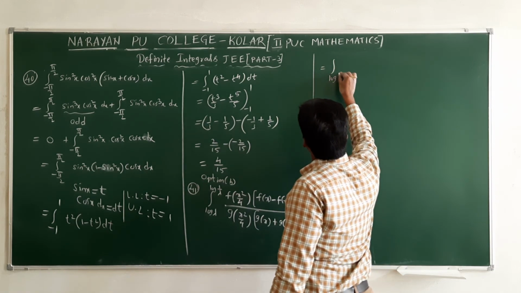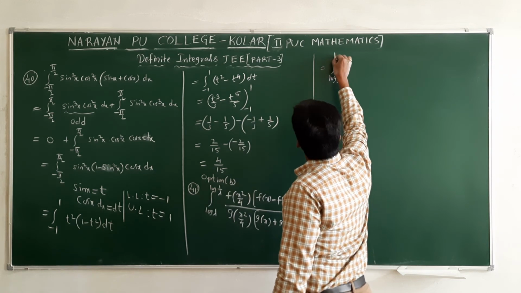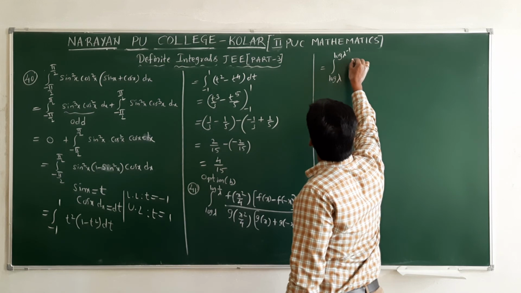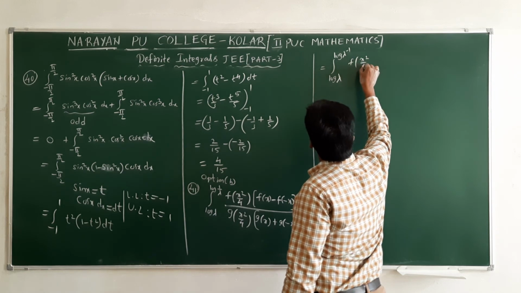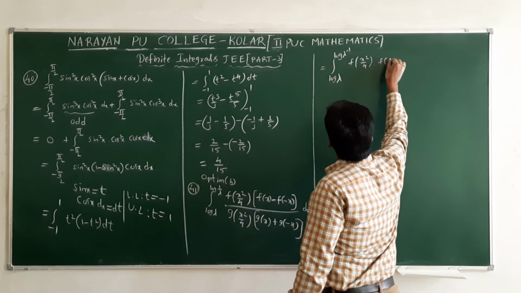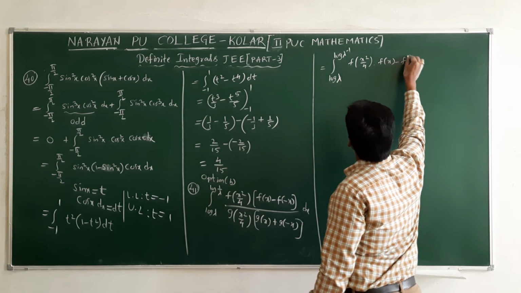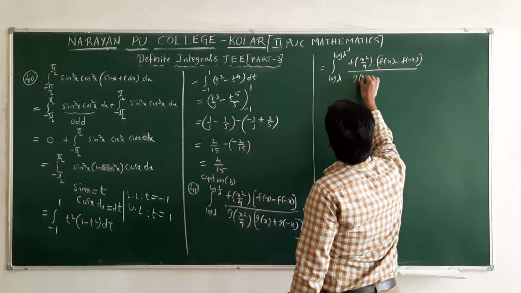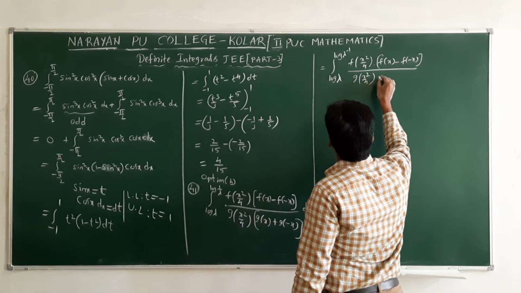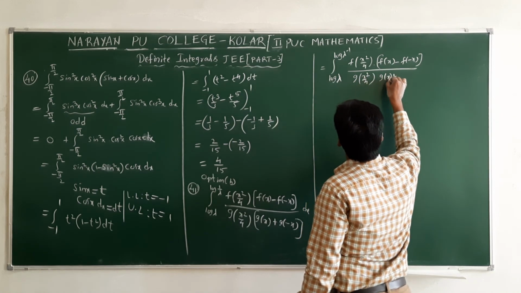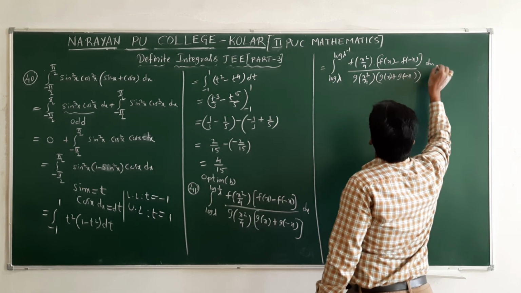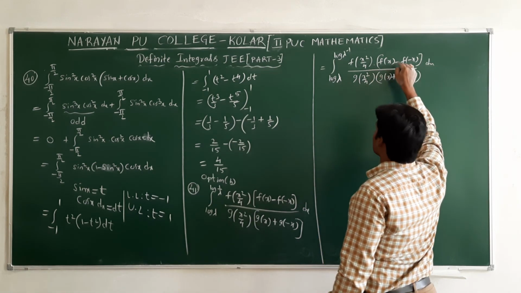Integral from log lambda to log 1 by lambda, I can write 1 by lambda as lambda power minus 1. This function remains the same: f of x minus f of minus x by g of x square by 4, g of x plus g of minus x. This is clearly an even function, this is clearly an odd function.